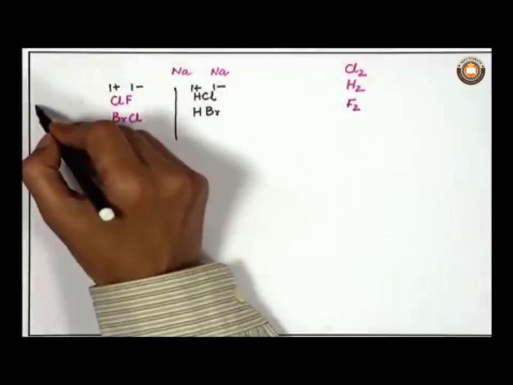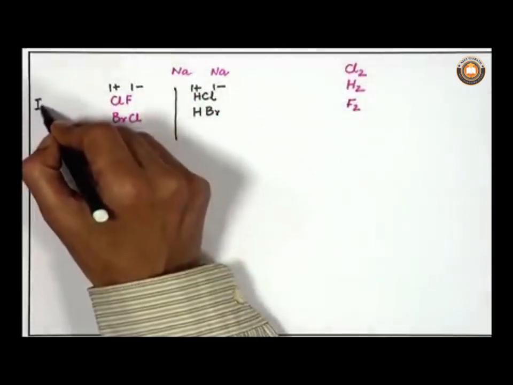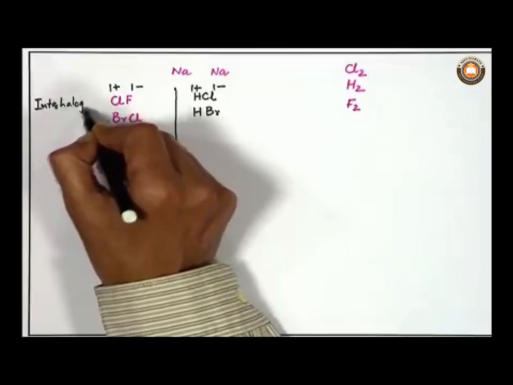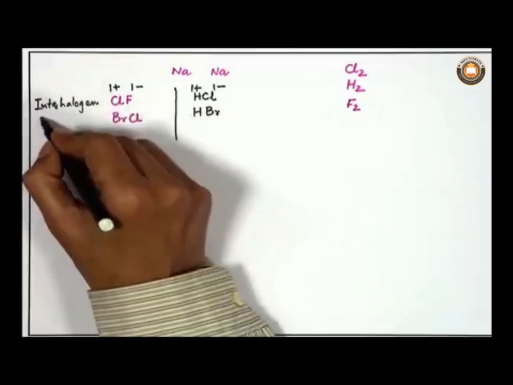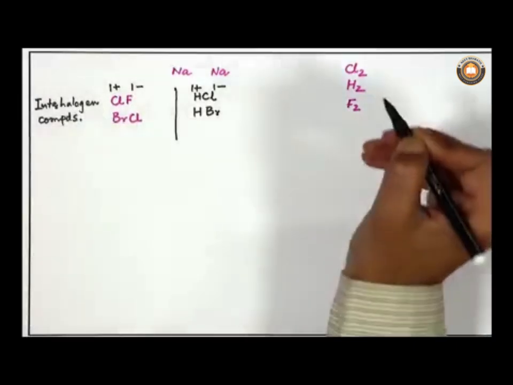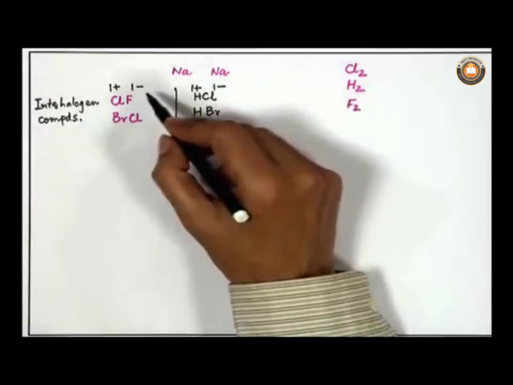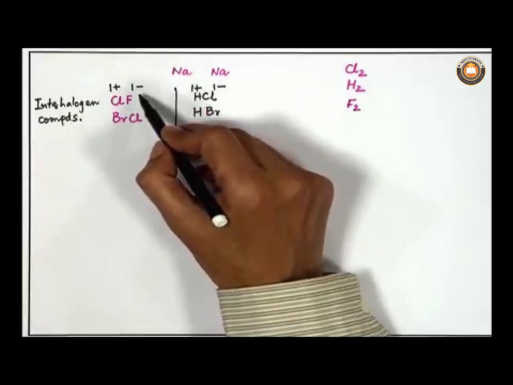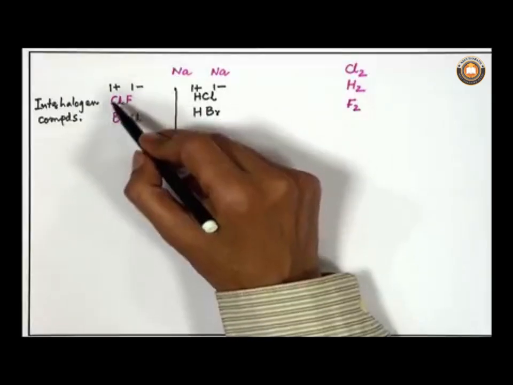These are the typical interhalogen compounds. They tell us the corresponding charge separation as well as the assignment of the oxidation state on fluorine and chlorine.